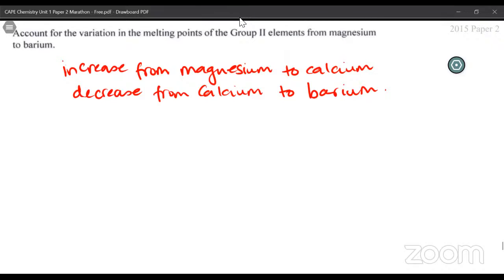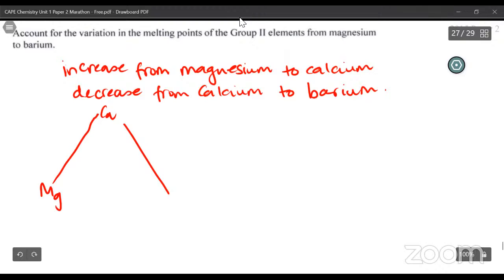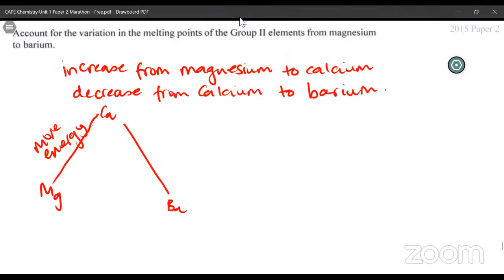Magnesium to calcium is increasing, but from calcium down to barium, you have it decreasing. An increasing melting point is basically telling you that more energy is required to melt this, while the decrease is telling you that less energy is required to melt it as you go down, right? So that's the variation in the trend.